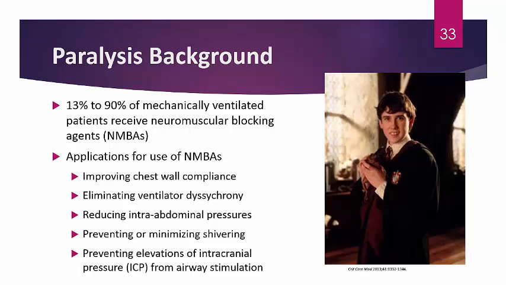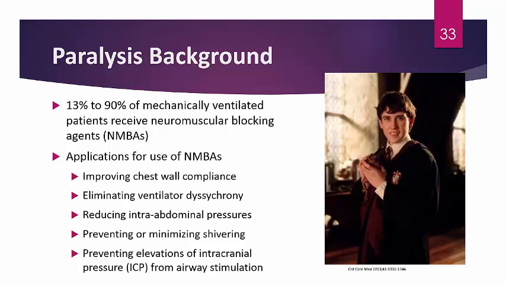And these NMBAs can be used for different reasons. So one of the main reasons that we would want to use paralysis is to facilitate some disease state getting better, or even facilitate some process to be a little bit easier.